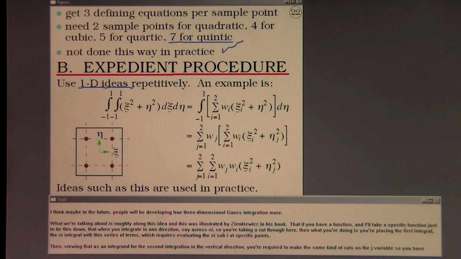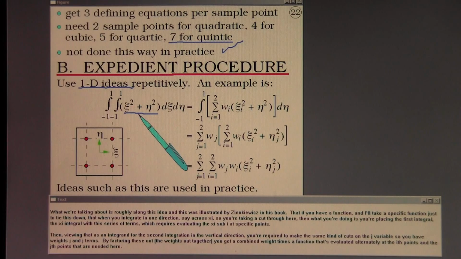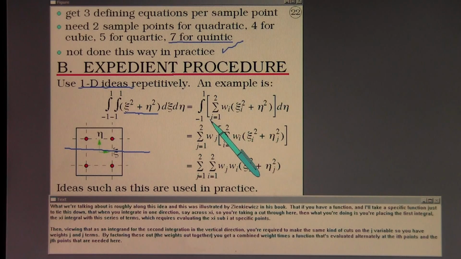What we're talking about is roughly along this idea, and this was illustrated by Zienkiewicz in his book, that if you have a function, and I'll take a specific function just to tie this down, that when you integrate in one direction, say across the xi, so you're taking a cut through here, then what you're doing is replacing the first integral, the xi integral, with this series of terms, and which requires evaluating the xi sub I at specific points.